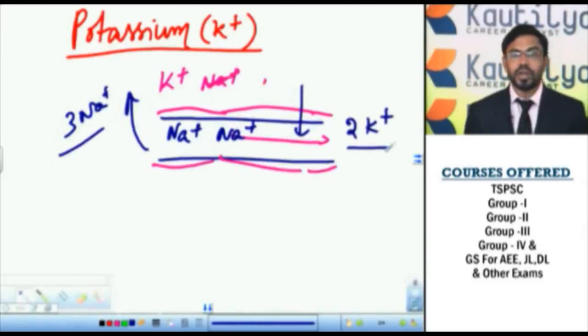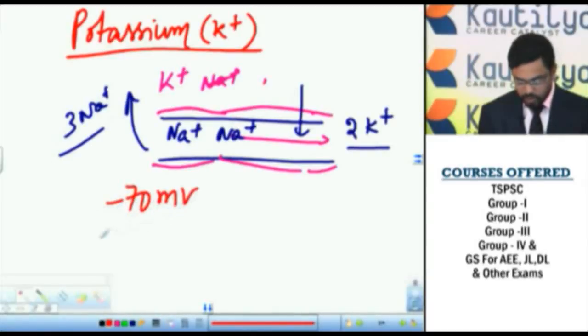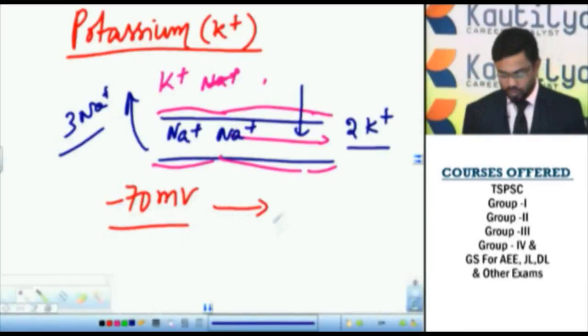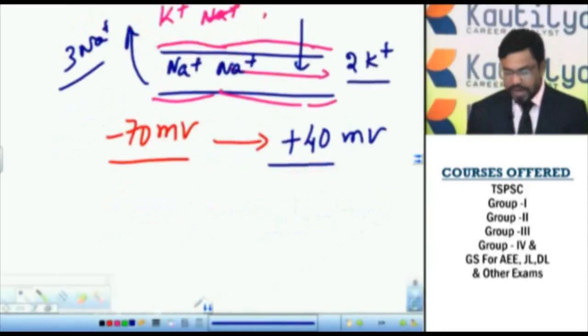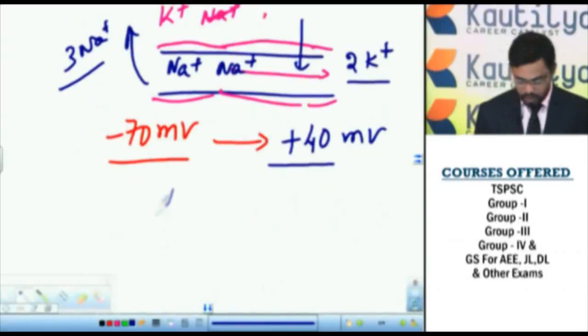Thereby it creates a potential gradient. So the resting potential, which is minus 70 millivolts, is transformed to a positive potential difference, that is plus 40 millivolts. This is called the action potential. This action potential allows the nerve impulse to move forward.